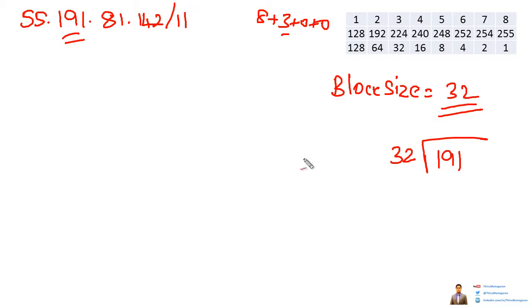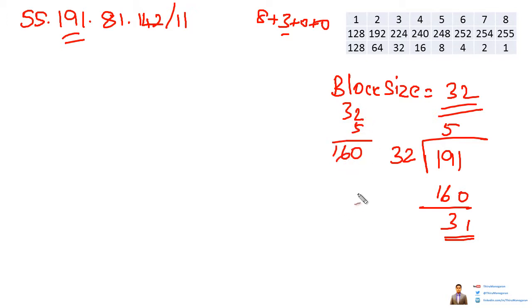Five times: 32 times 5 is 160, with a remainder of 31. The block size is 32, so the previous block starts at 160 and the next one at 192. So 191 lies between 160 and 191.